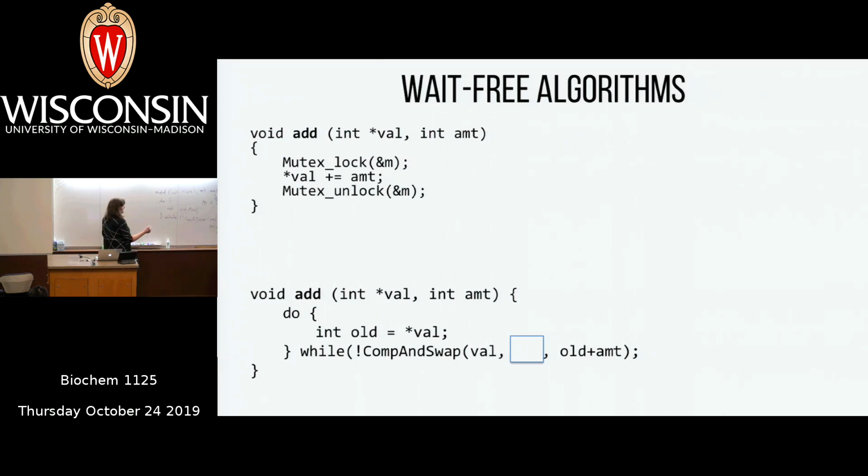I think it returns true if val is equal to old. And just the way that instruction works is it returns false if val is not equal to old. And so we can use that, and it only does that replacement of val with the new value if it was equal to the expected value.